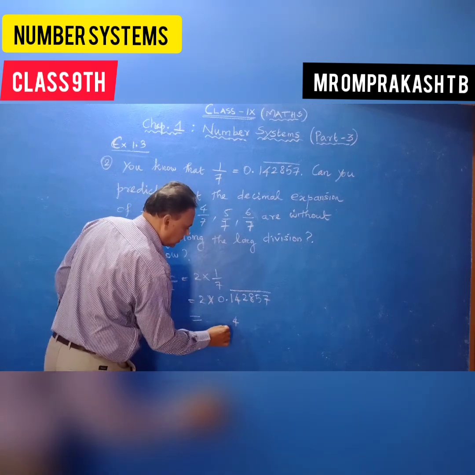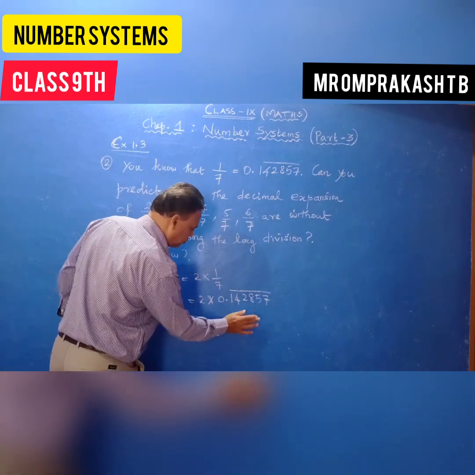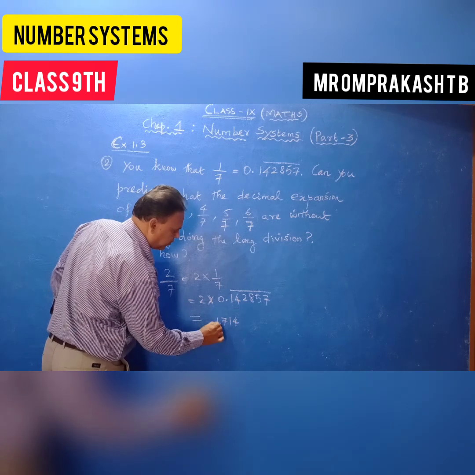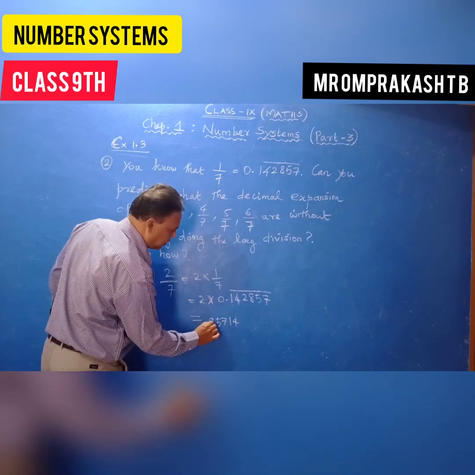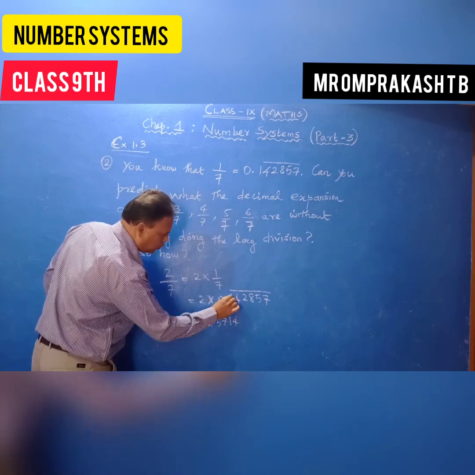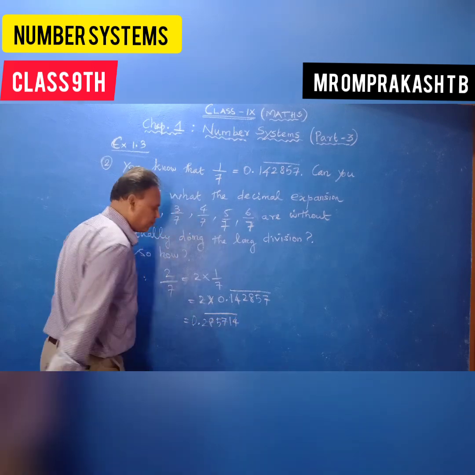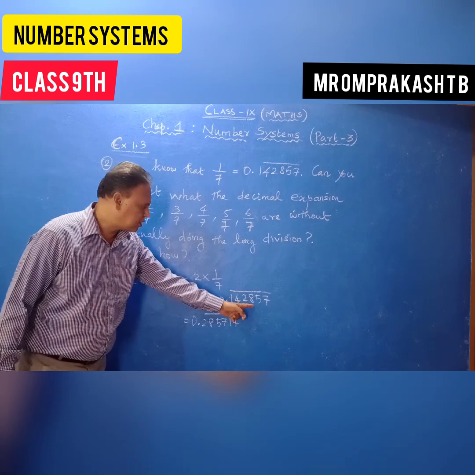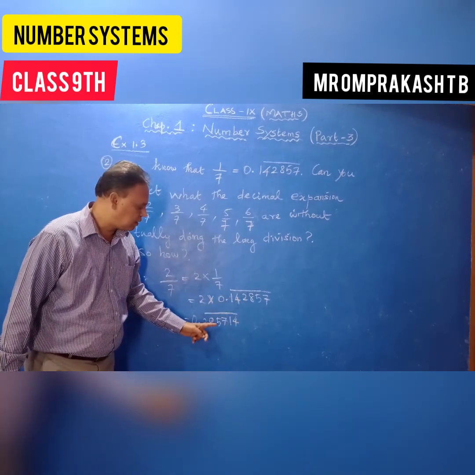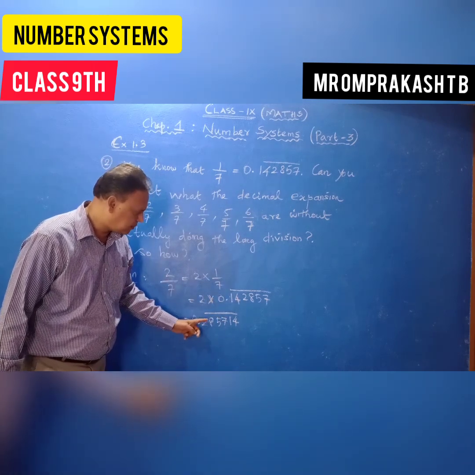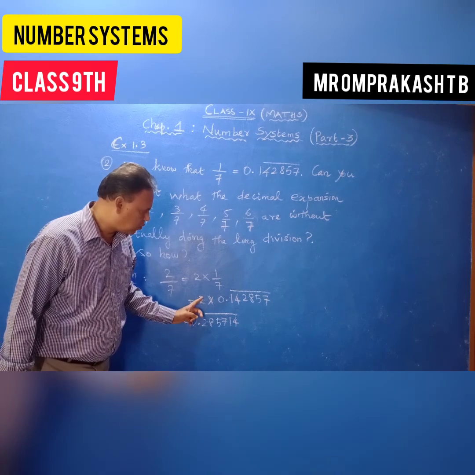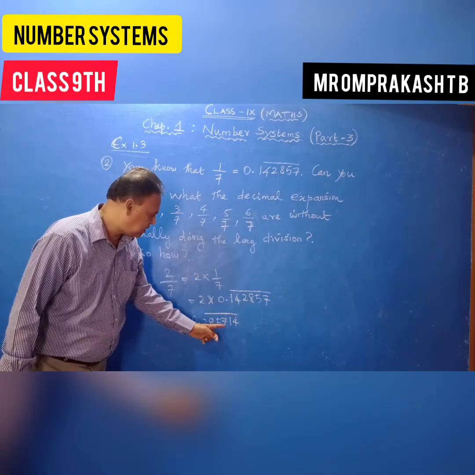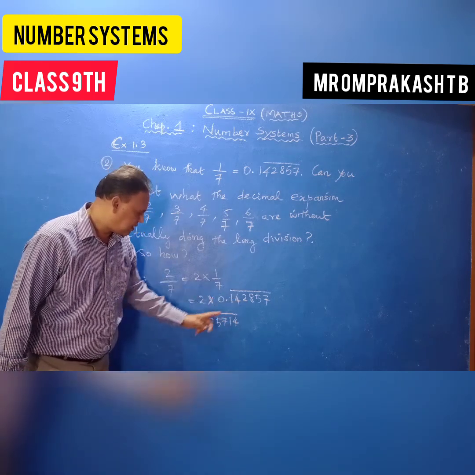So just multiply it. The bar as it is you multiply. 7 into 2, 14, carry 1, 10 means 11, carry 1, 16 means 17, carry 1, 4 means 5, carry 1, then 8, then 2.